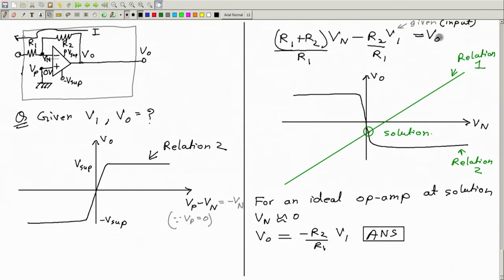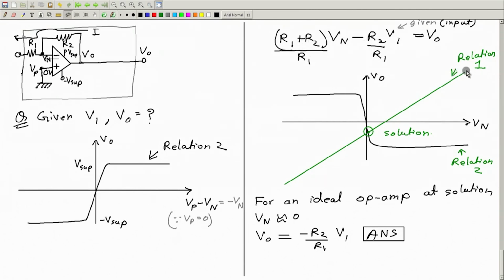So this relationship which is depicted here will change its position. This factor will change, so the y-intercept will change, slope will remain same.